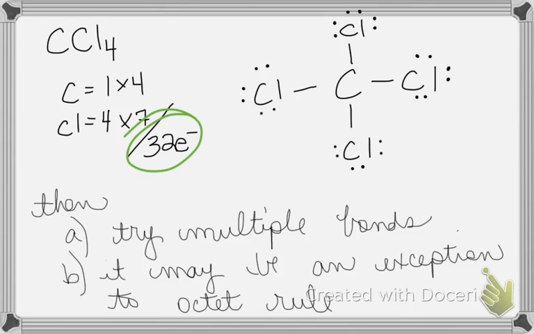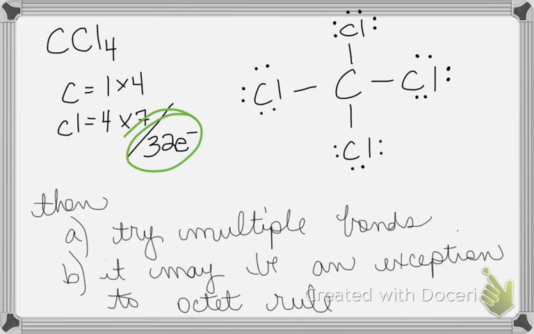If it's already an octet, you cannot put more electrons on it. That's going to take step 5. You're going to have to do multiple bonds. The only way for you to put extra ones on the middle is if it's more than 8. You just hang on and we'll do some where you've got to put dots on the middle.